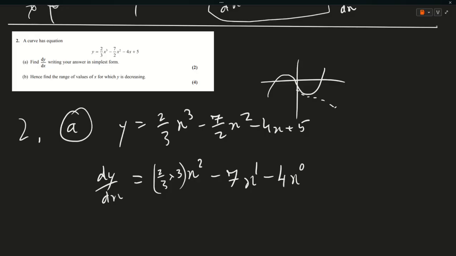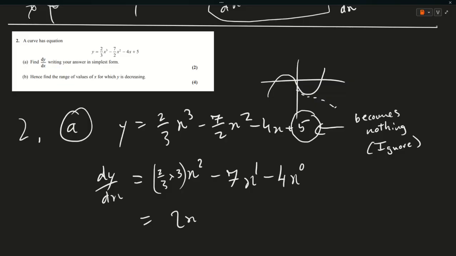And now here we have a constant. Whenever we have a constant like this, it simply becomes nothing. We can just ignore it. And there we have our answer.